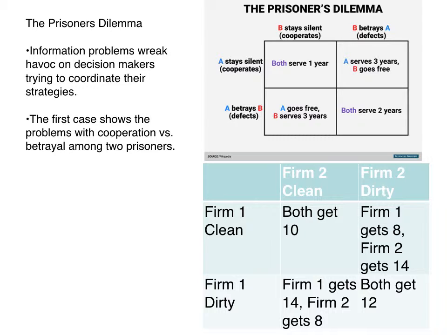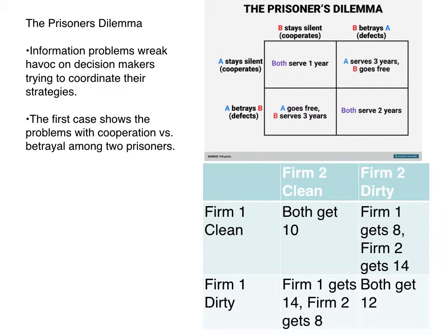So this is obviously a case of imperfect information here. If they both defect, they're both going to serve 2 years, and it's going to be an outcome that will not be beneficial to either of them or to society.